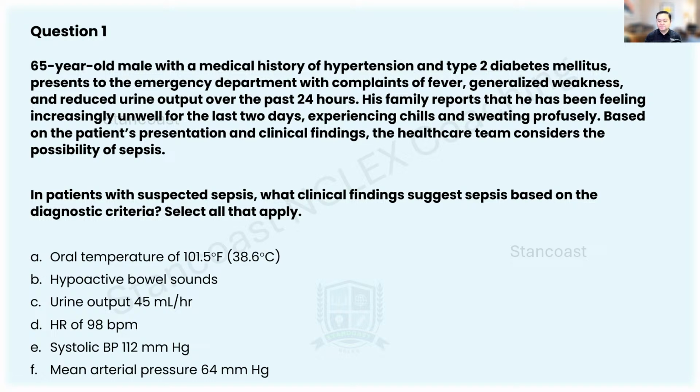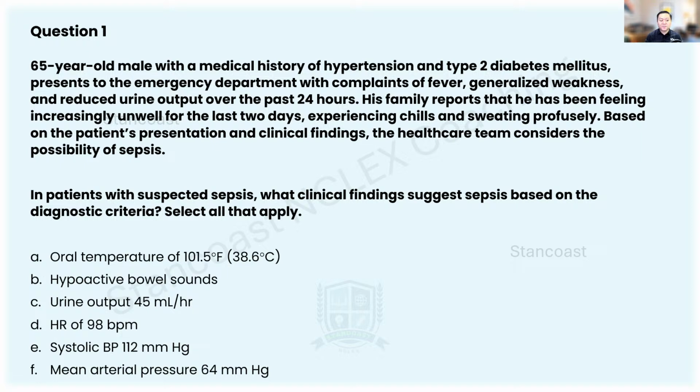Okay, get ready to answer the question. Again, the question here: in patients with suspected sepsis, what clinical findings suggest sepsis based on the diagnostic criteria? Select all that apply. So this is a general question. It's not pertaining just to the patient in the scenario. This is a general question about the criteria.